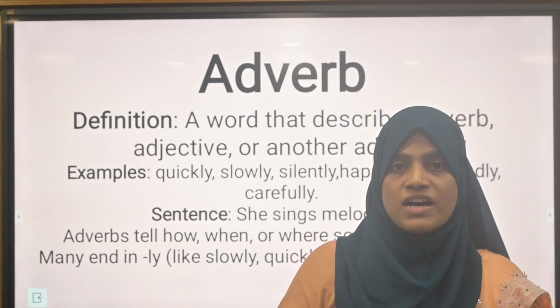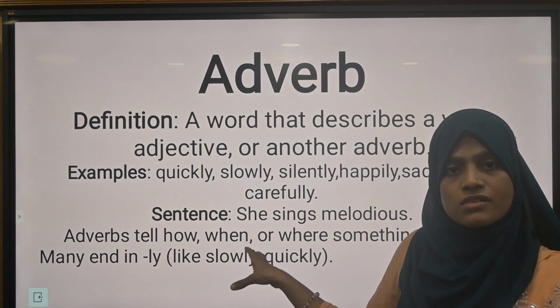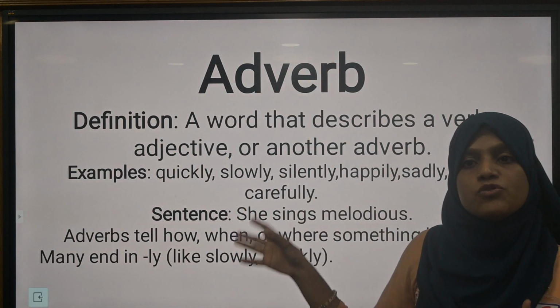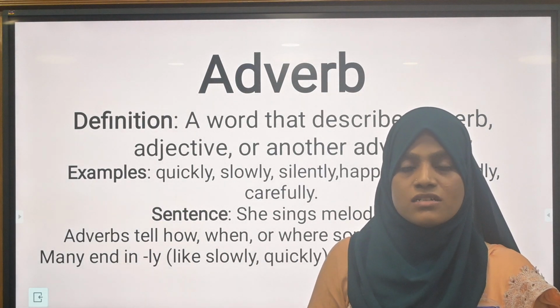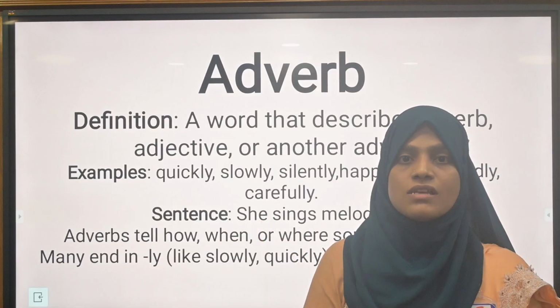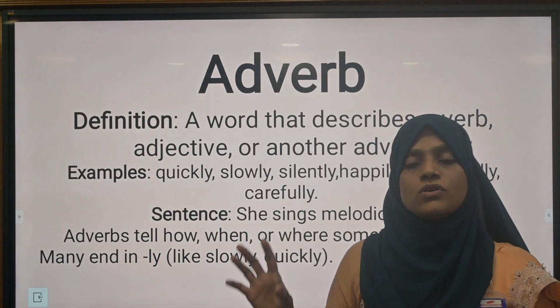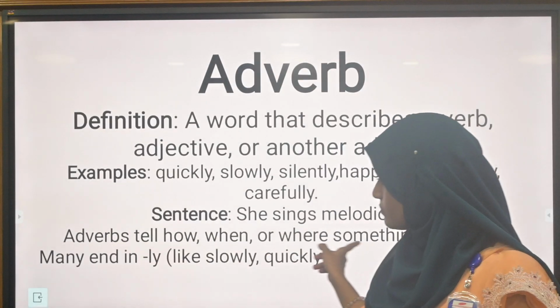He is running fast. Here the "fast" describes the action, how he runs. So an adverb shows where, when, and how the action is happening. In most cases, the adverb will end with "ly".